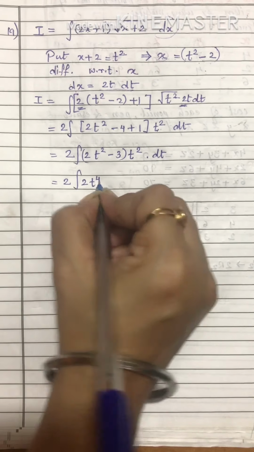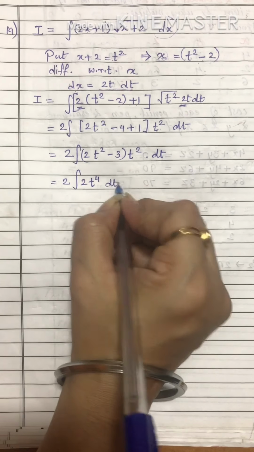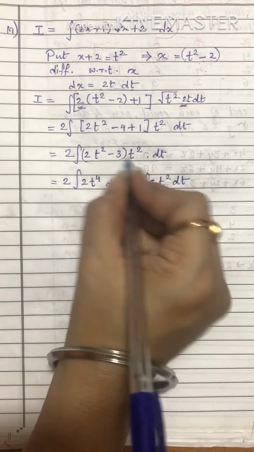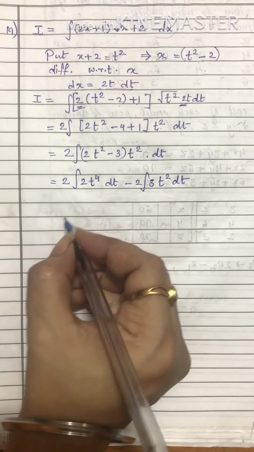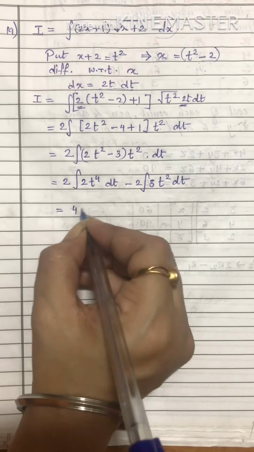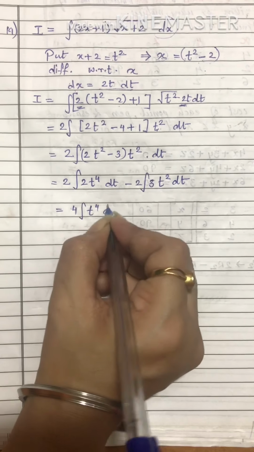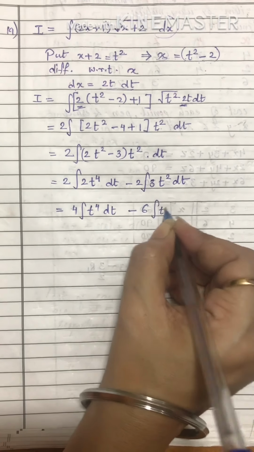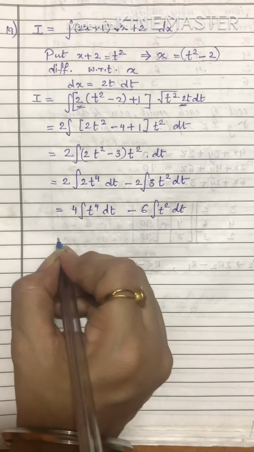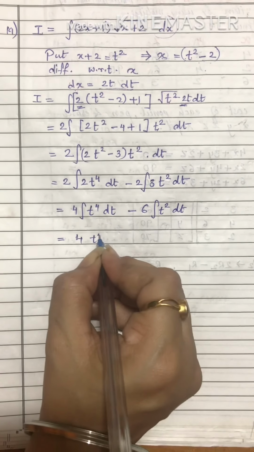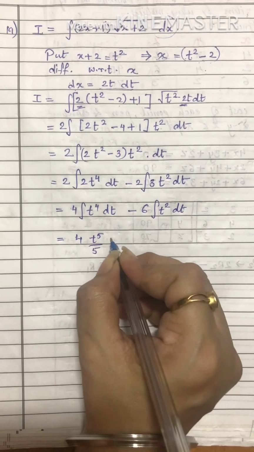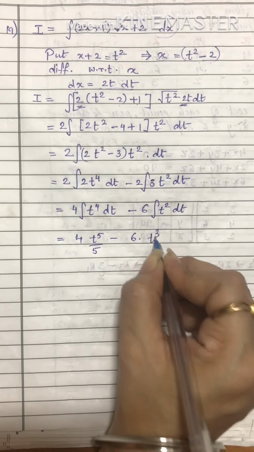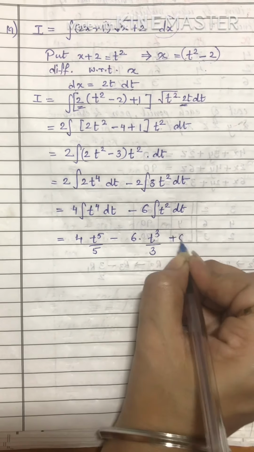That gives us integral of 2t raised to 4 dt minus 2 integral of 3t square dt. We open the bracket and solve it further. We get 4 integral of t raised to 4 dt minus 6 integral of t square dt. Now the sum has become simple. Just complete it. We'll integrate this with respect to t. We'll get 6 into t cube upon 3 plus c.